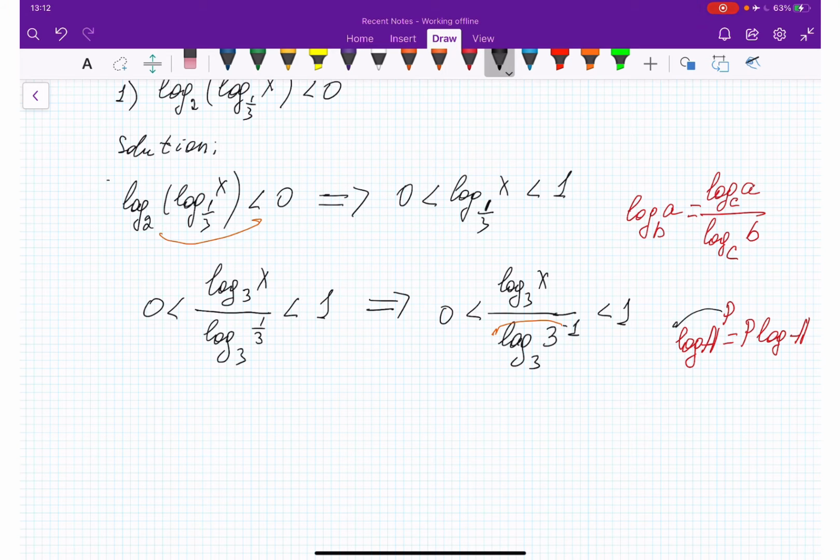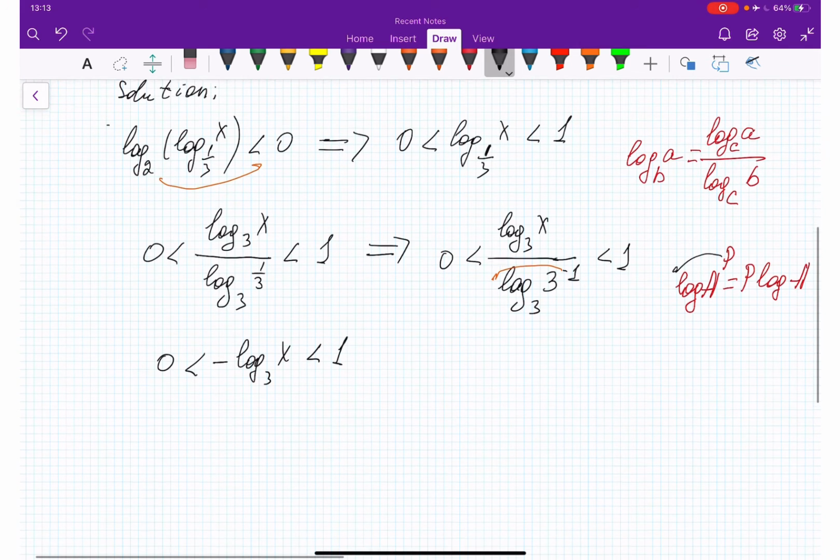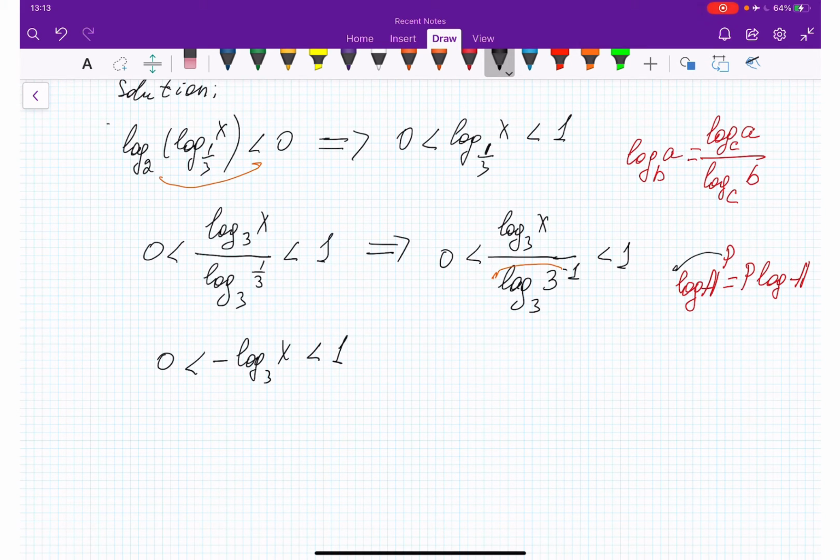So it's going to be negative log x by base 3, greater than 0, less than 1, right? And from here, if I get rid of this negative, it's going to flip the sign of inequality. So it's going to be less than 0, and greater than negative 1, because when we divide by a negative, it flips the sign of inequality, right?